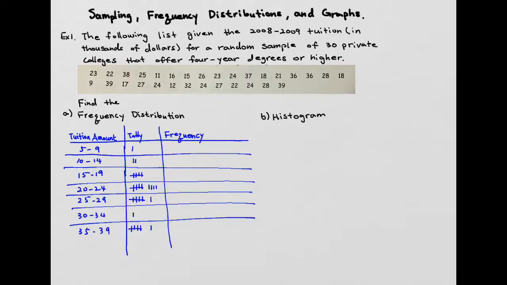So you have 1, 2, 5, 9, 6, 1, and 6. And when you add them up, you should get your total number, which is 30. This is how you check whether you counted the values right or wrong, right?